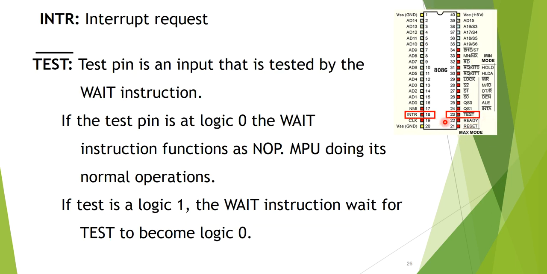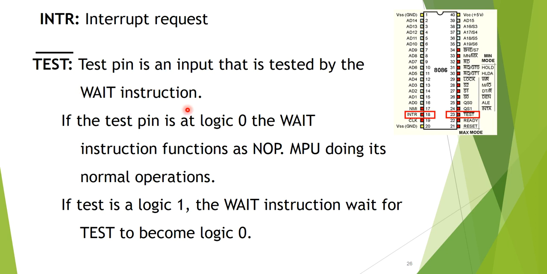Then we have the INTR signal. This is the interrupt request signal that is generated by the peripheral device when it wants to communicate with the microprocessor. Then we have the TEST bar signal. Now this test pin signal is the input signal that is tested by the WAIT instruction.